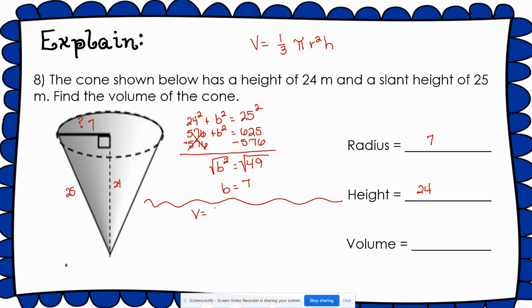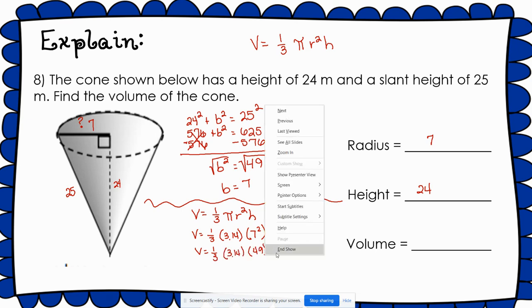So remember, we're using V equals 1/3 times pi times radius squared times height. Well, that's 1/3 times 3.14. Our radius is 7, so times 7 squared, and then our height is 24. Well, we know we need to find 7 squared first, so 7 squared is 7 times 7, which gives us 49.